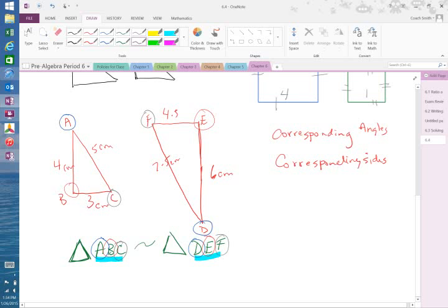Okay? So, as we are looking for corresponding sides, what did they do to the triangle? From triangle ABC to DEF, is it sitting the same? Obviously, it's another way. What did they do to it?